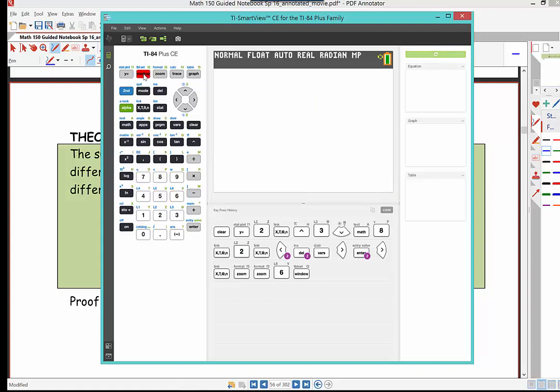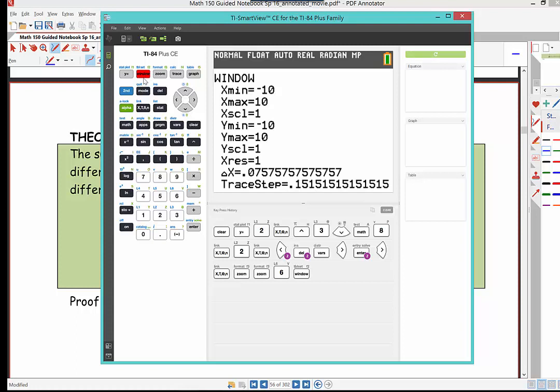Let's go to the window because we were interested in high values, remember, and low values. So negative 216 has to be in there. So for our y min, we'll do negative 250. And then we can have our y max be 30, and the scale for the y can be 10.